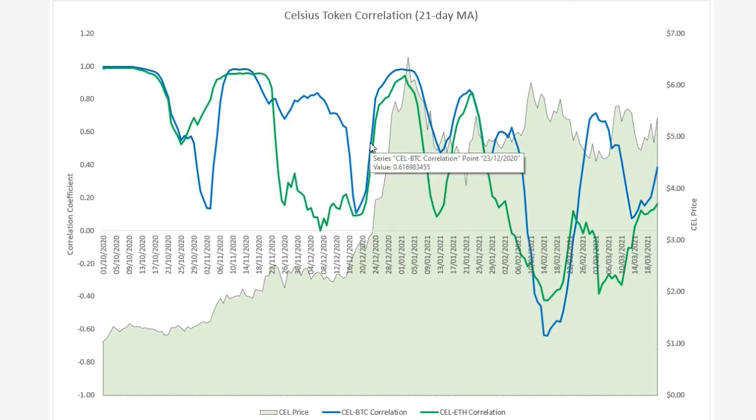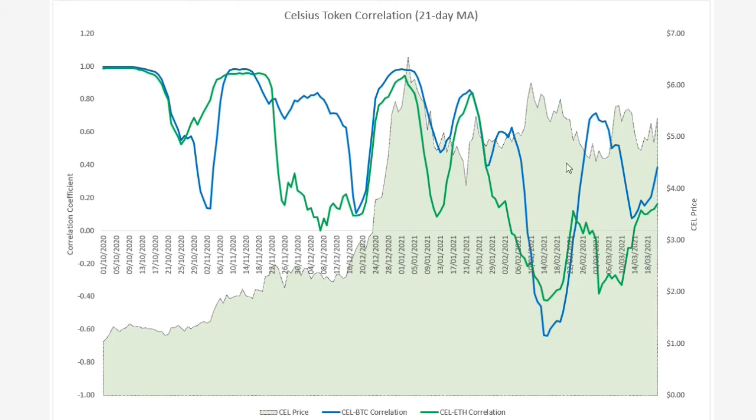Then towards the end of December and moving into January, this correlation comes back. But then in the middle of January, there's this decoupling again with Ethereum. From mid-January onwards, we see a reduction in correlation in both Bitcoin and Ethereum against CEL.